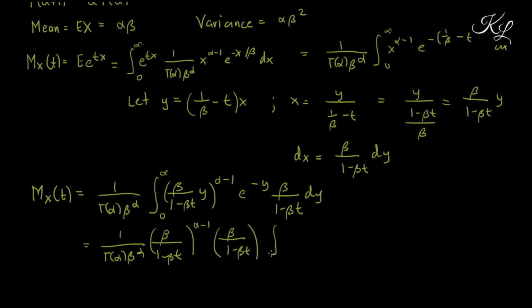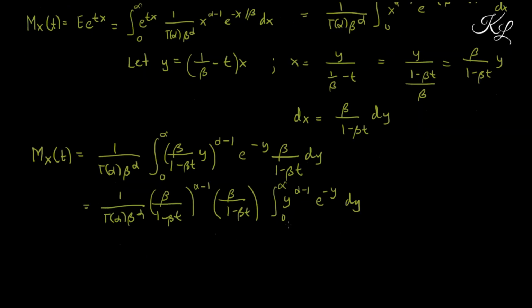Then we have integral of what are the variables left. We have y raised to alpha minus 1, and then e raised to negative y dy. This is from 0 to infinity. Now this one are same. So we have alpha minus 1 plus 1 is alpha. So we can cancel out minus 1 and also this whole term.